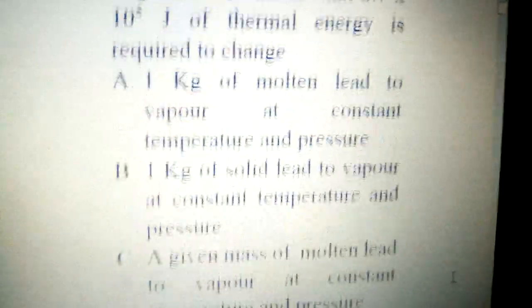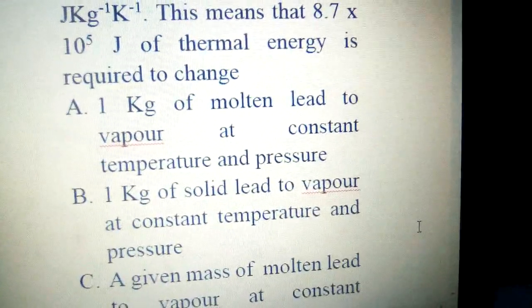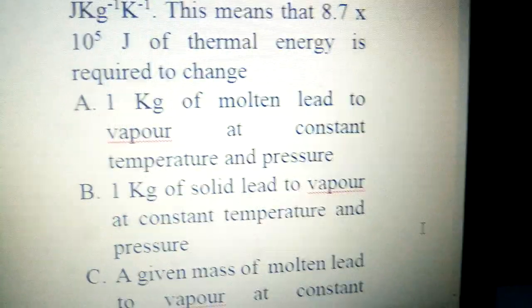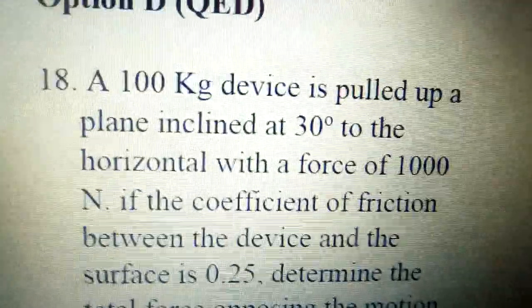The answer is A, 1 kg of molten lead to vapor at constant temperature and pressure.